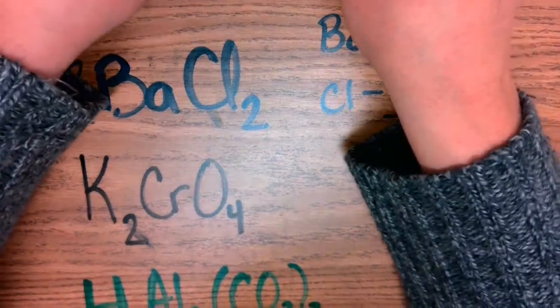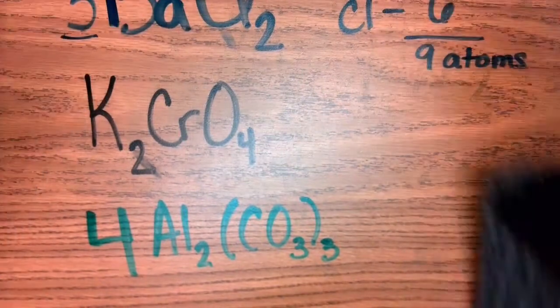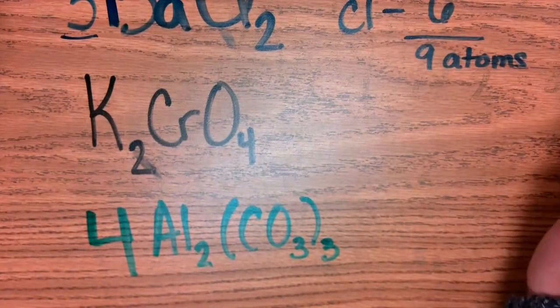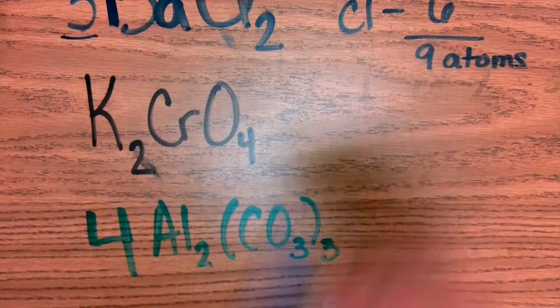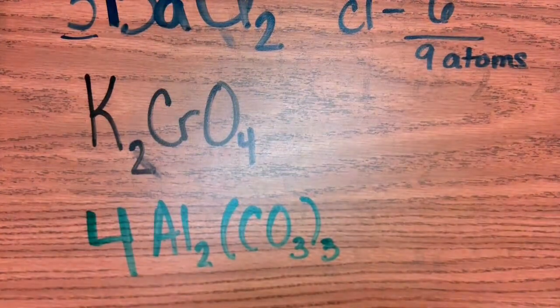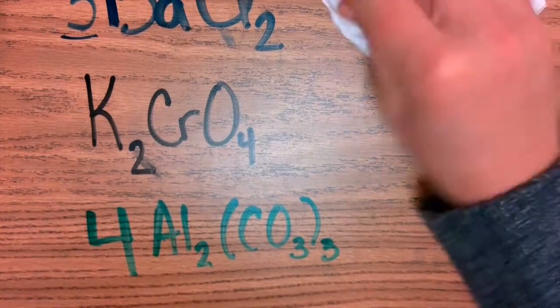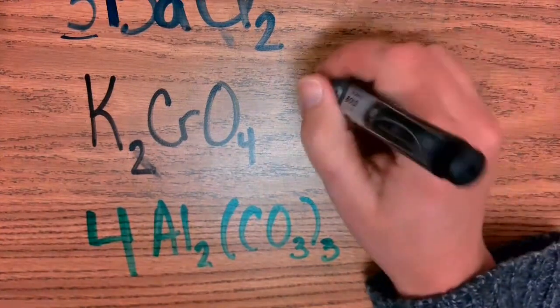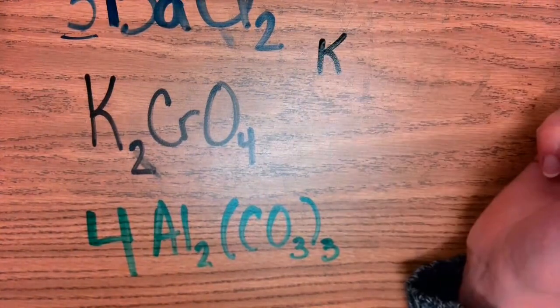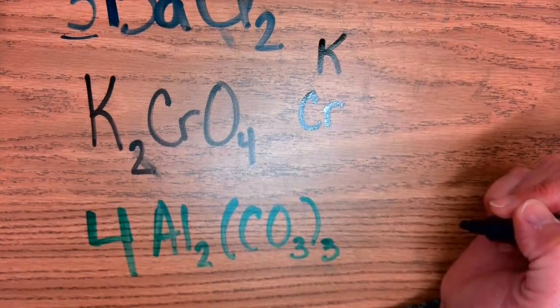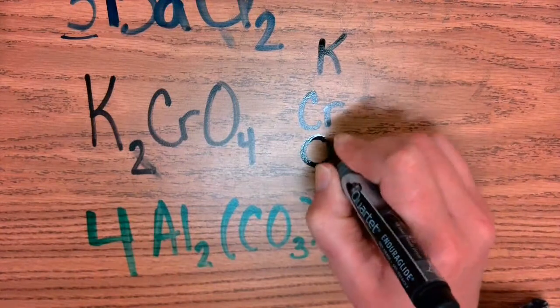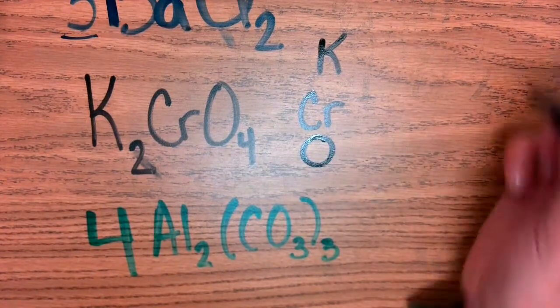Alright, let's try this next one here. We're looking at potassium chromate. So you have, use my mark here, it means you have K for potassium. You have Cr for chromium, and you have O for oxygen.